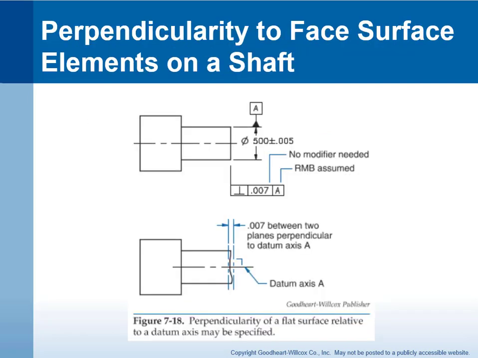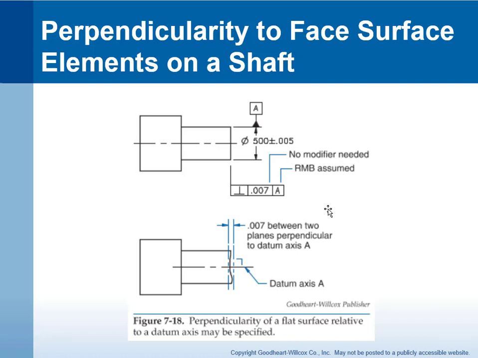Let's talk about perpendicularity to a facial surface element on a shaft. What we have here is a cylindrical element with a surface at the end of it, and it has a perpendicularity tolerance of 7. No modifiers needed here, and regardless of material boundaries is assumed.